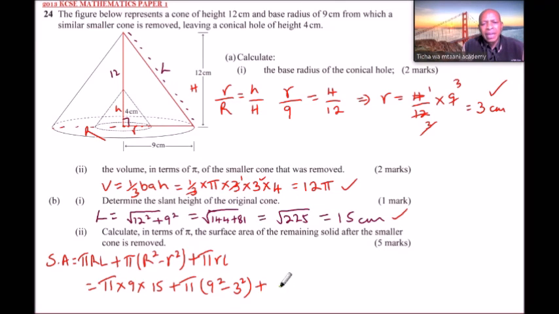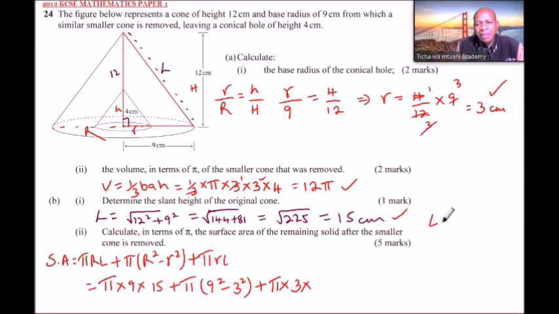Then we have plus the curved part of the small cone. Pi, we multiply by the radius, which we got as 3 in part A, and you multiply by the slanting side. Now to get the slanting side, we still use the Pythagoras theorem, since we have the 4 here, which is the height, and the radius.